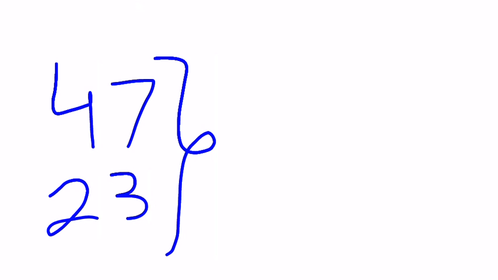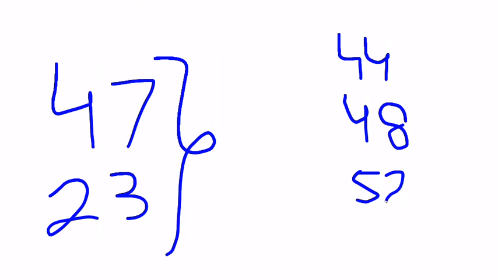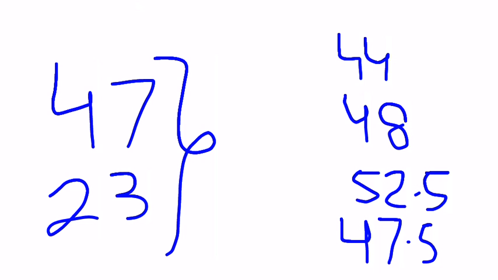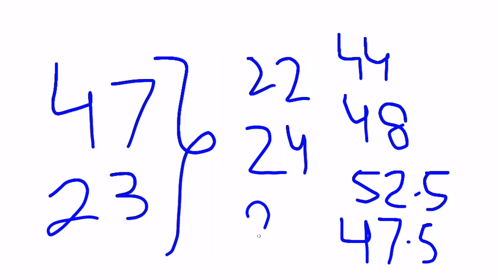For example, it will work really nicely when you're multiplying numbers with 44, 48, and 52.5, or you're multiplying by 47 and a half, or you're multiplying by 22, 24, 28 and stuff like that. So it needs to be an easily breakable percentage. For example, in this one it is 10% on top.